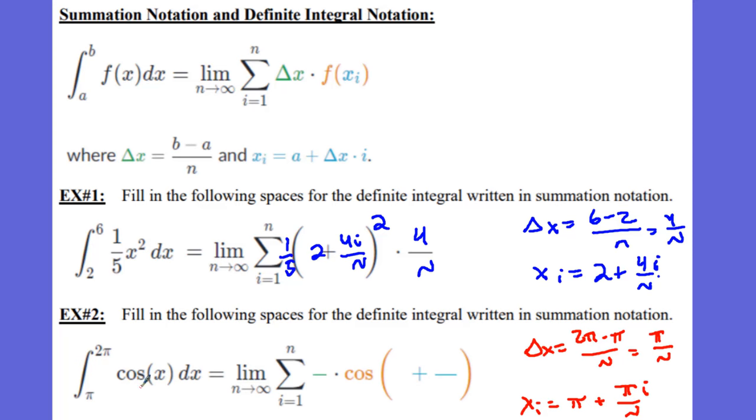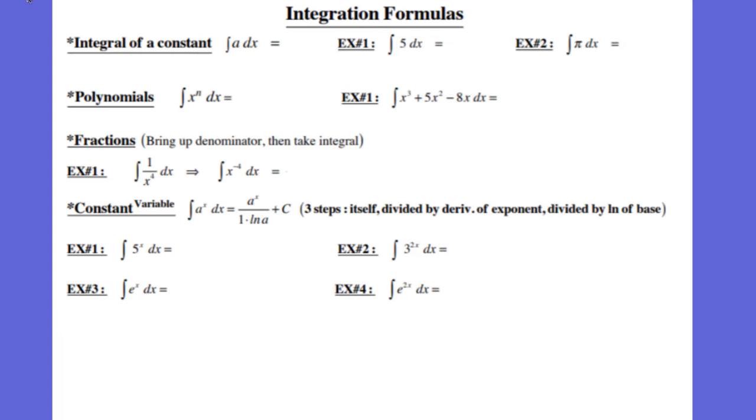Okay, and so what's my function? It is cosine of x. What do I plug in for that x? I'm going to plug in my xi, which is pi plus pi i over n. Okay, what am I going to multiply that by? It is pi over n. And that is my summation notation and how that works with a definite integral.